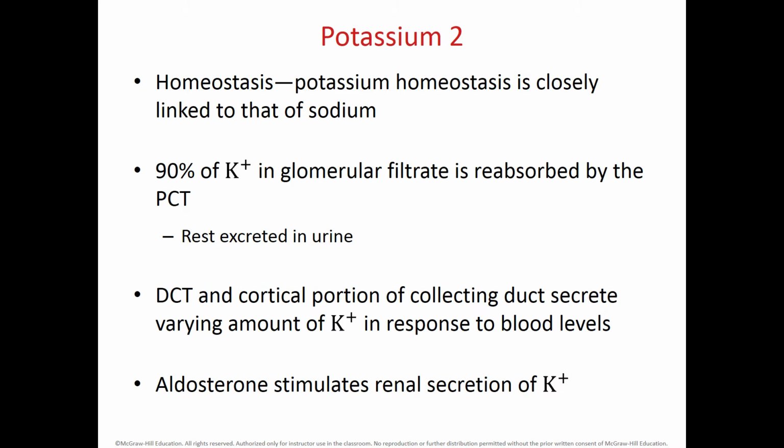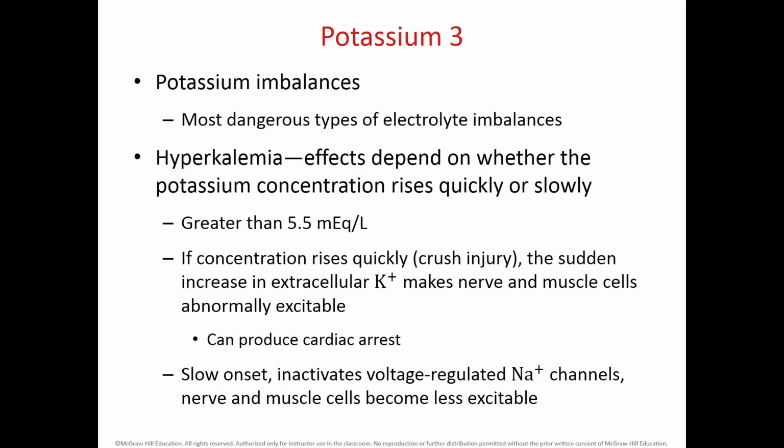Now, in case we need to maintain more potassium within our blood, our DCT and the collecting ducts will reabsorb or secrete different amounts of potassium. Aldosterone increases the secretion of potassium, so it can cause what we call hypokalemia.